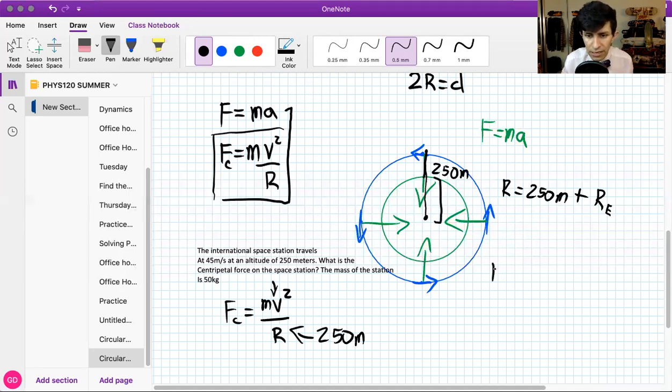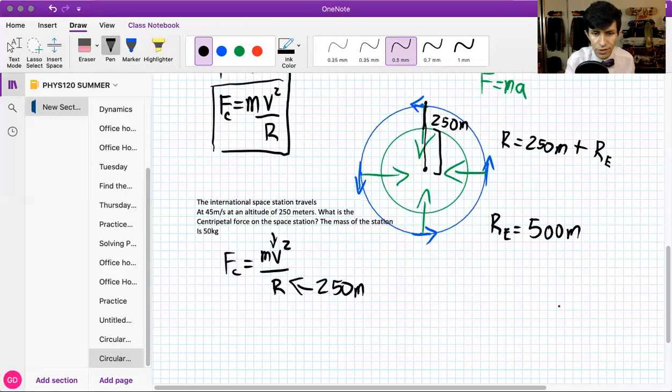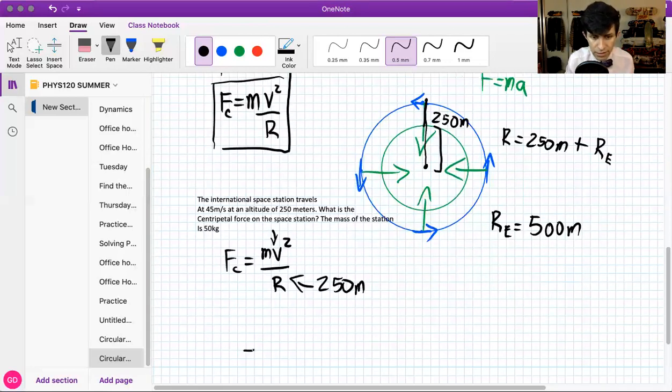Let's say the radius of Earth is equal to 500 meters. By the way, if you get different units, you're going to need to convert to meters. So if you get kilometers, you got to convert. So let's plug everything in and see how it turns out. The mass is 50 kilograms. I'm just going to avoid units to simplify everything.